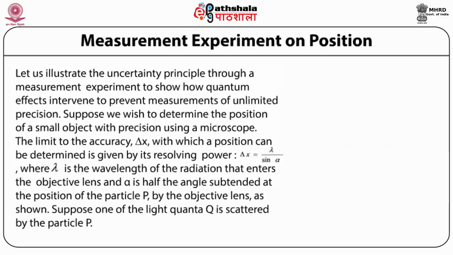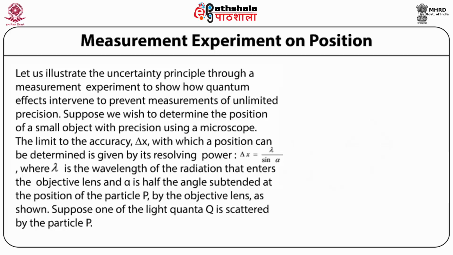The limit to the accuracy delta x with which a position can be determined is given by its resolving power, where the resolving power is given by delta x is equal to lambda by sine alpha, where lambda is the wavelength of the radiation that enters the objective lens and alpha is the half angle subtended at the position of the particle P by the objective lens. The students can see this in the figure also to get a clear picture of what we are discussing.